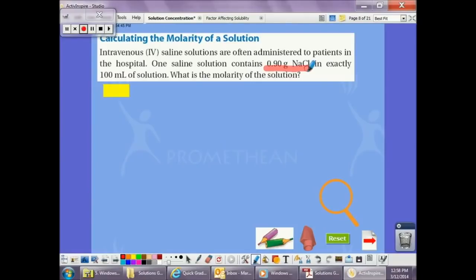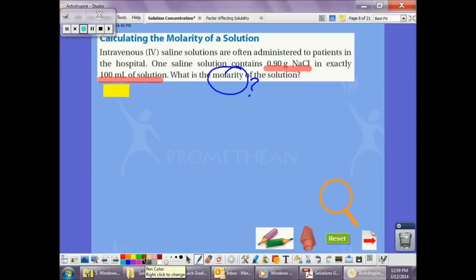In exactly 100 ml solution, what is the molarity? They ask for molarity. They give me 0.90 grams of NaCl and they give me 100 ml solution and they ask me for molarity.